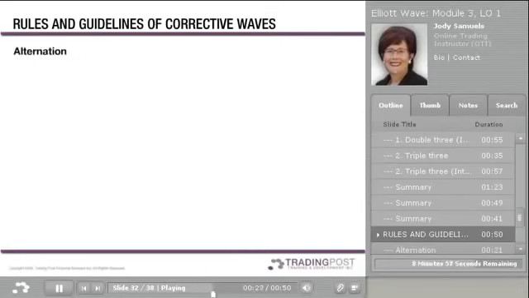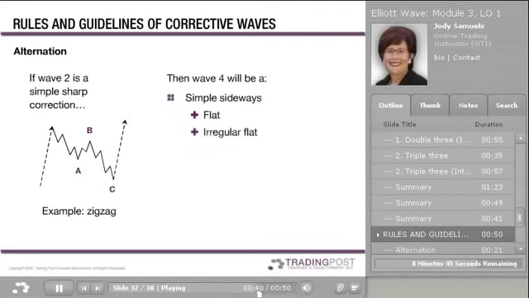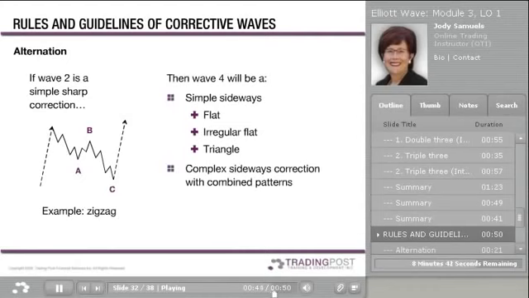The guideline of alternation states that if wave 2 is a simple, sharp correction, a zigzag, then wave 4 will be a simple sideways flat, irregular flat, or triangle, or a complex sideways correction with combined patterns, such as double or triple threes.